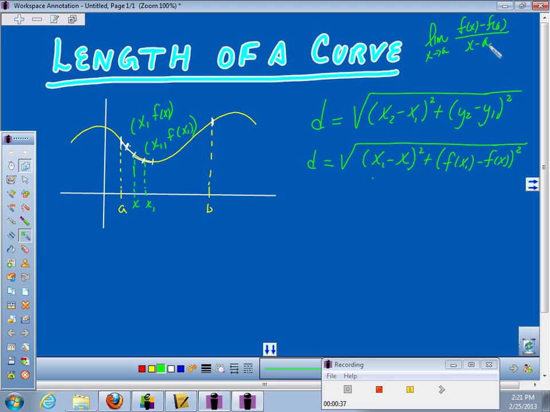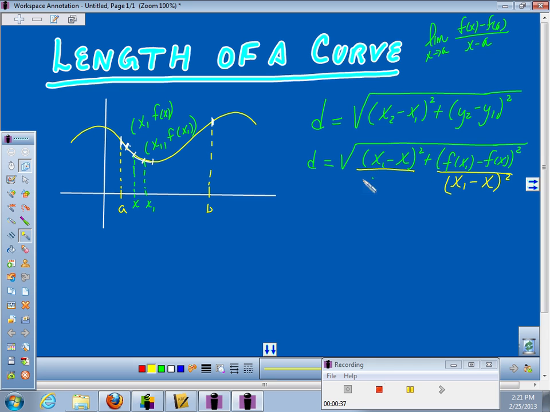So I would like to make this look sort of like that. I need these x's here in the first part of this square root to be under the f of x. So they said we're going to divide everything. I want to get it so that I have x1 minus x over here.